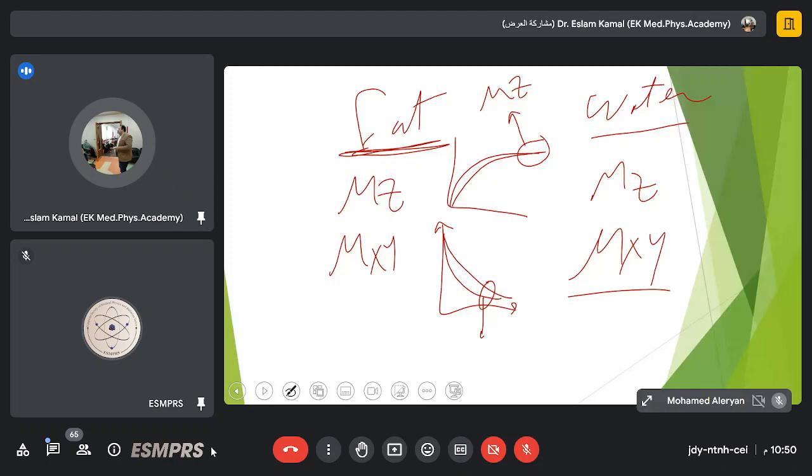So if you receive an electric signal from MZ of water, for example, 10 microampere, and for fat, 10, because both of them give you the same magnetization, so they give the same induced electric signal. While MXY for water here is higher than for fat. So the induced electric signal for MXY might be 7 for water and 3 for fat.